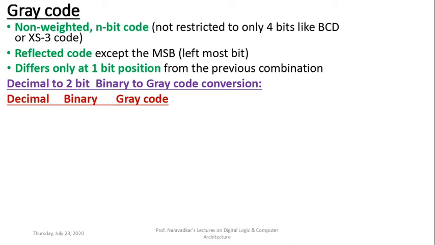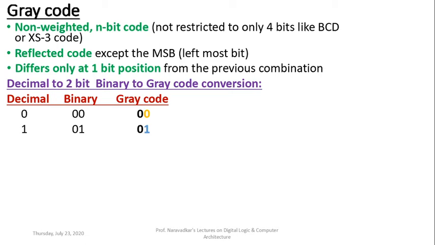So here, 3 columns: decimal, then binary, and then gray code. First of all, decimal 0. The representation in binary as well as gray code is 0, 0. As it is 2-bit, binary will be 0, 0, gray will also be 0, 0. Next is decimal 1. Binary will be 0, 1 and gray also 0, 1.